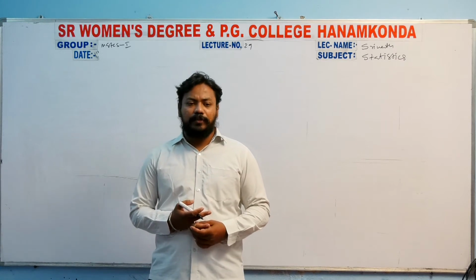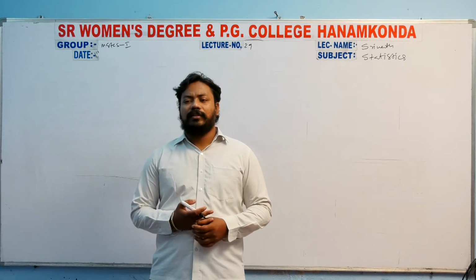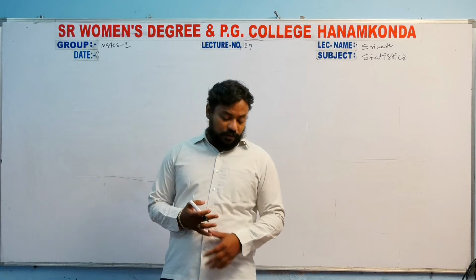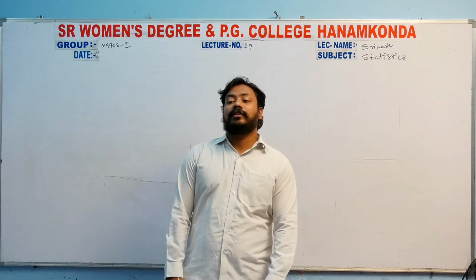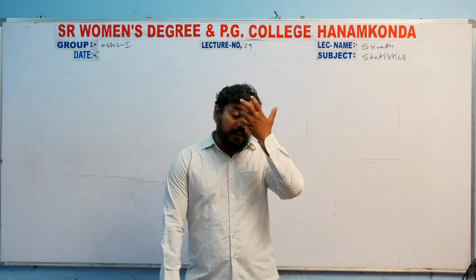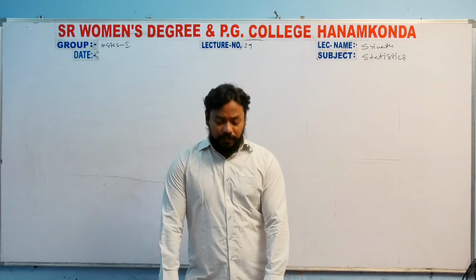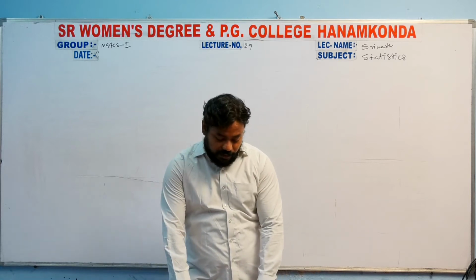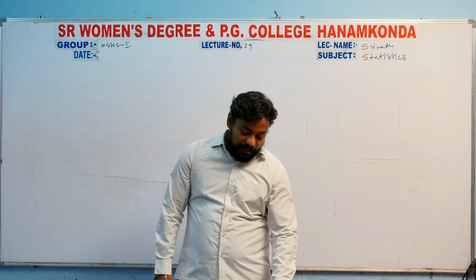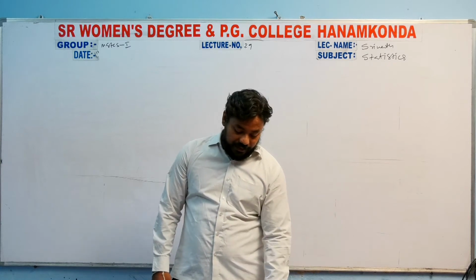We have three types of tests, and in the third unit we already completed the t test for single sample and difference of samples. Then today we are going to discuss the paired t-test.